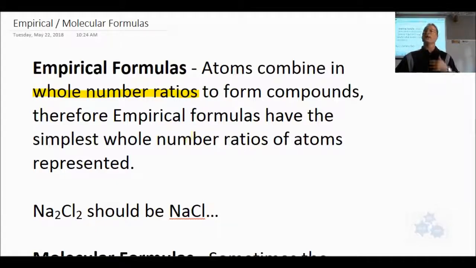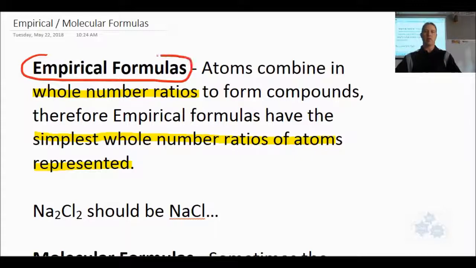So when we're stating compounds, we should have whole number ratios represented, even if we're talking about moles, right? So therefore, empirical formulas have the simplest whole number ratios of atoms that are represented in the compound. That's the essence of the empirical formula. So it's the simplest whole number ratio.